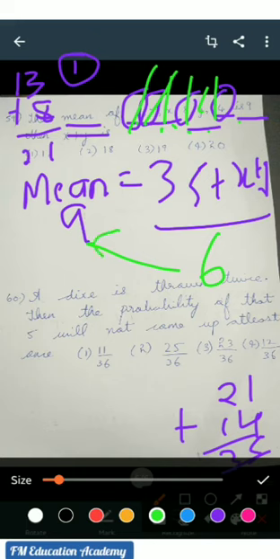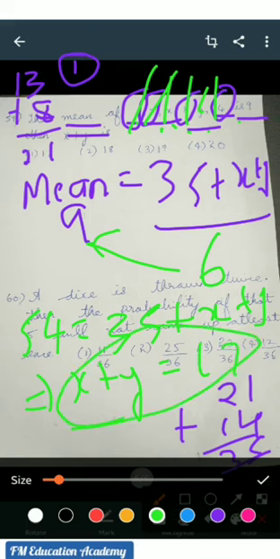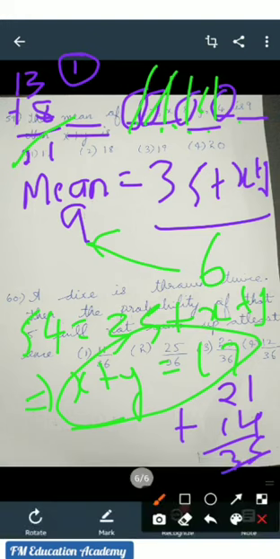So 9 sixes are 54 we have. 54 is equal to 35 plus x plus y, or x plus y is equal to 54 minus 35. What is 54 minus 35? 19. So what is the value of x plus y? 19. That is option 1.